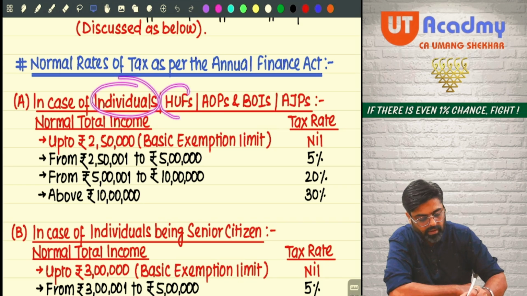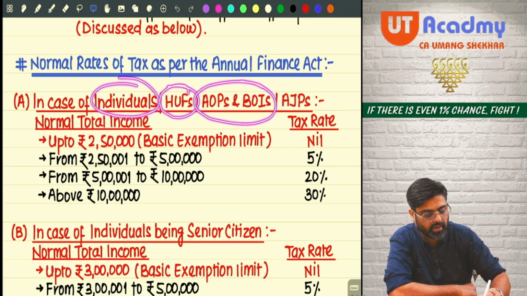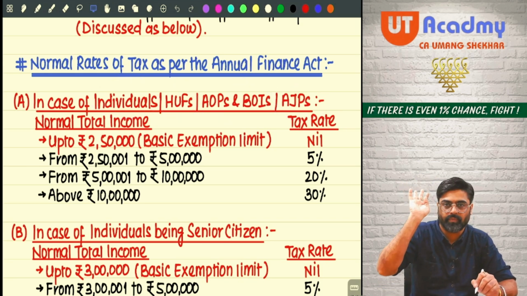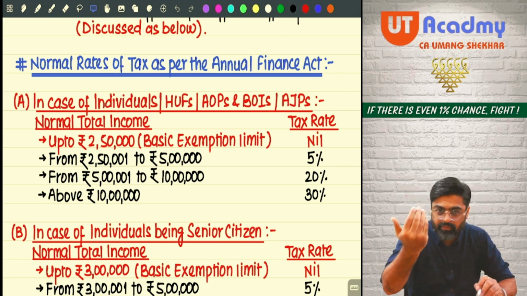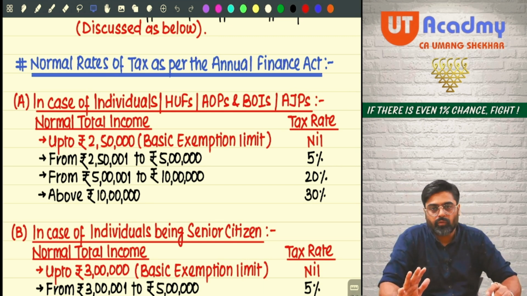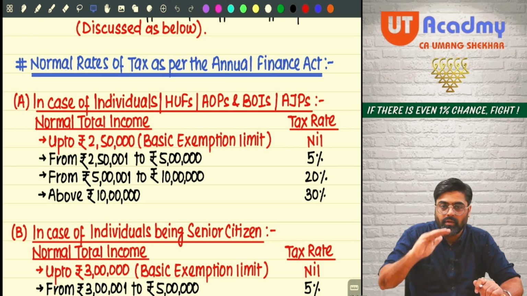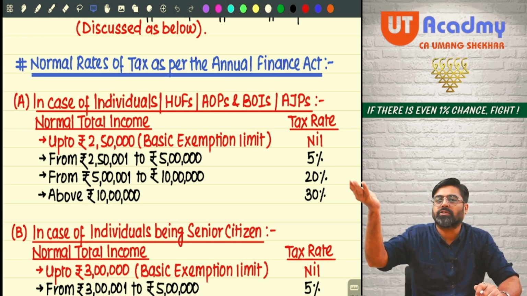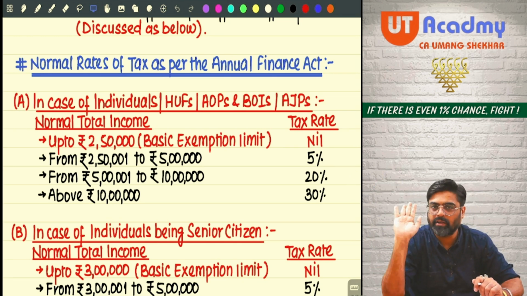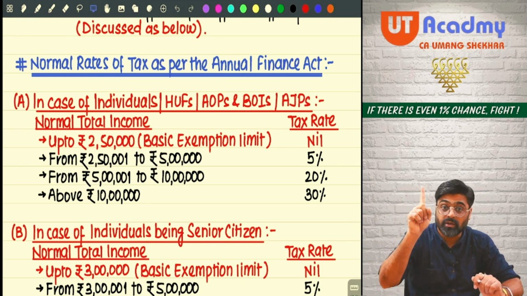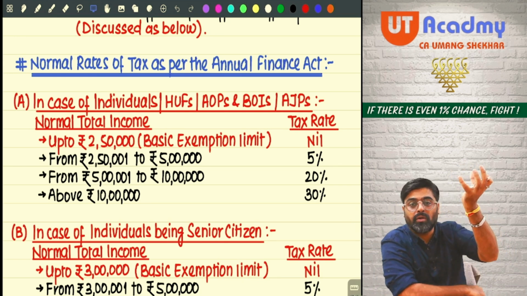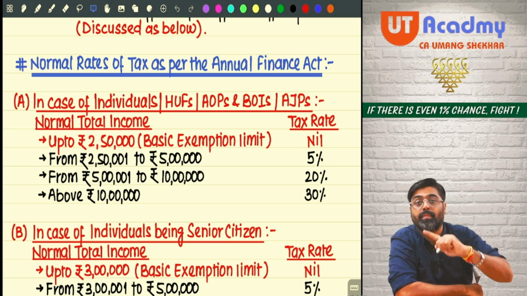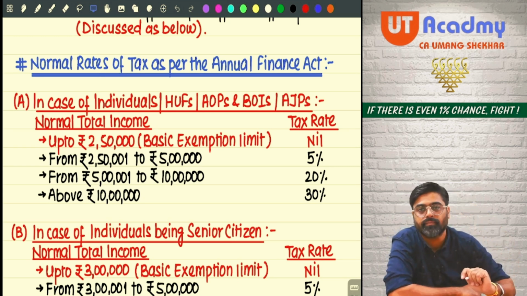Individual, HUF, AOP BOI and AJP. 4 persons. Whenever you compute the total income for these types of assessees, special incomes will be charged to tax at special rates. There is no change. But the normal total income for these persons will be taxable at these rates.